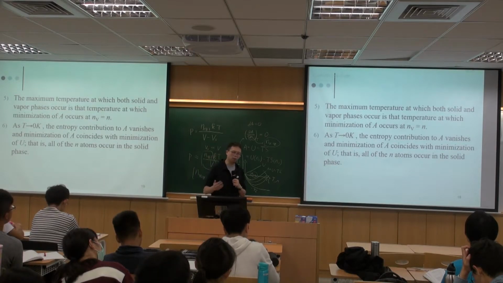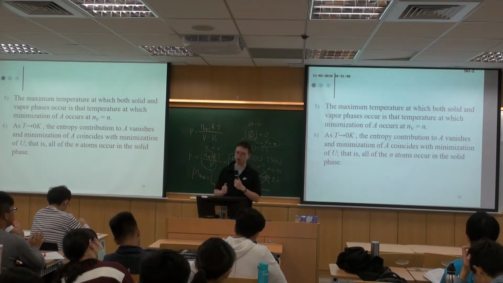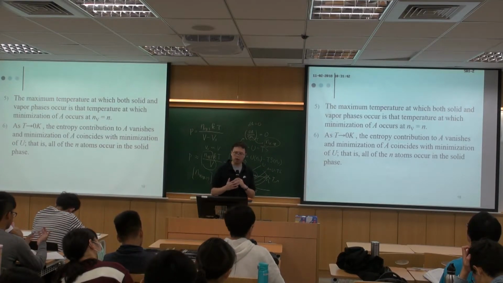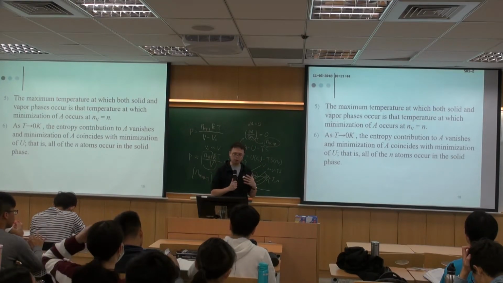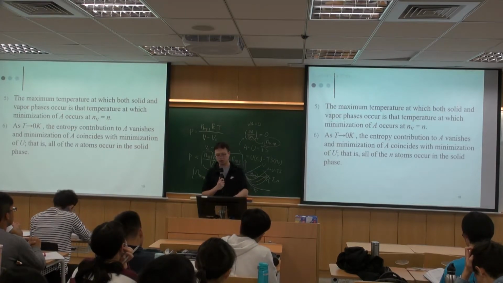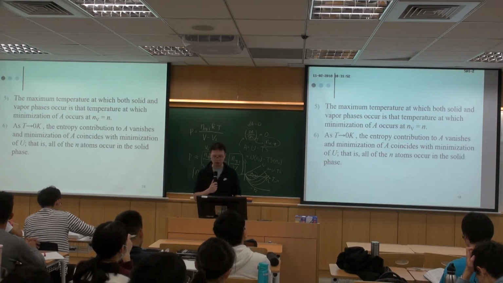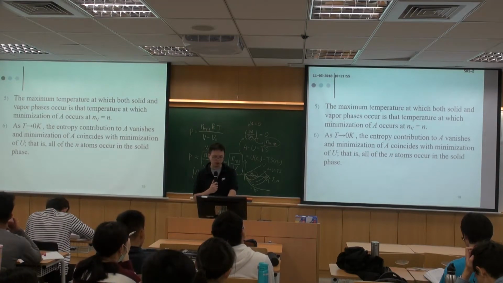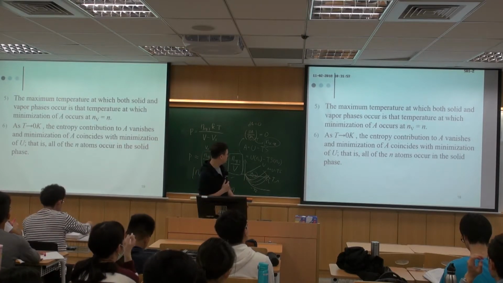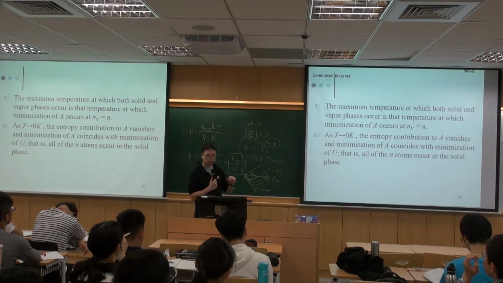That is consistent with our intuition, because when you go down to 0 Kelvin, there should be no kinetic energy for all these particles, so they should all condense into the solid phase. So this is just a simple example of how we use Helmholtz free energy to derive the equilibrium number of particles.